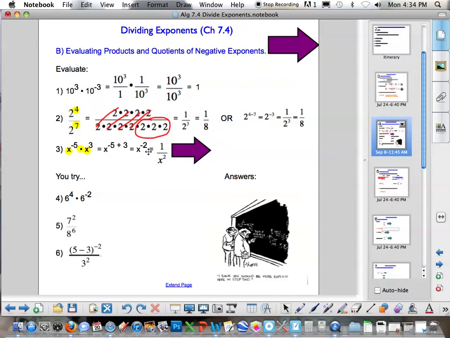I'm going to keep going, putting that negative 2 on the bottom. This is going to move to the bottom of my fraction. That's my final answer: 1 over x to the second. Here I have 1, 1/8, and 1/8 as my 3 answers to the example problems.